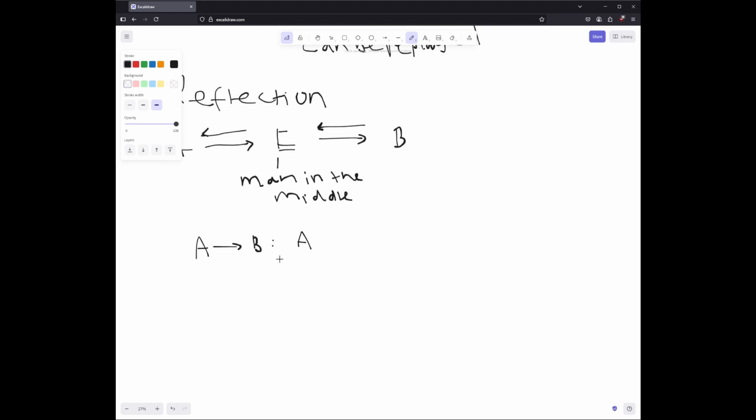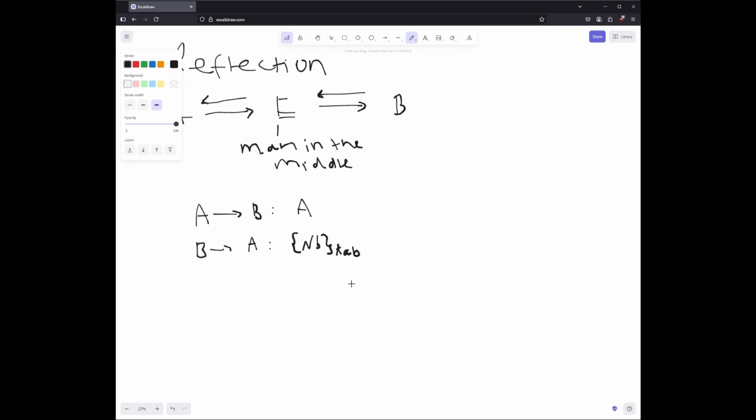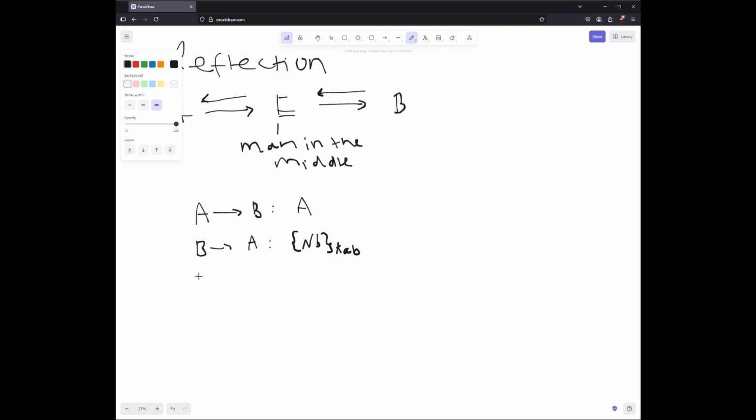A is basically saying to B, okay, look, I'm A. Then B will say, okay, prove it, by solving my challenge response protocol, in which we send this nonce encrypted with the session key that A should theoretically have, and A will say, okay, perfect, and send it back, obviously.